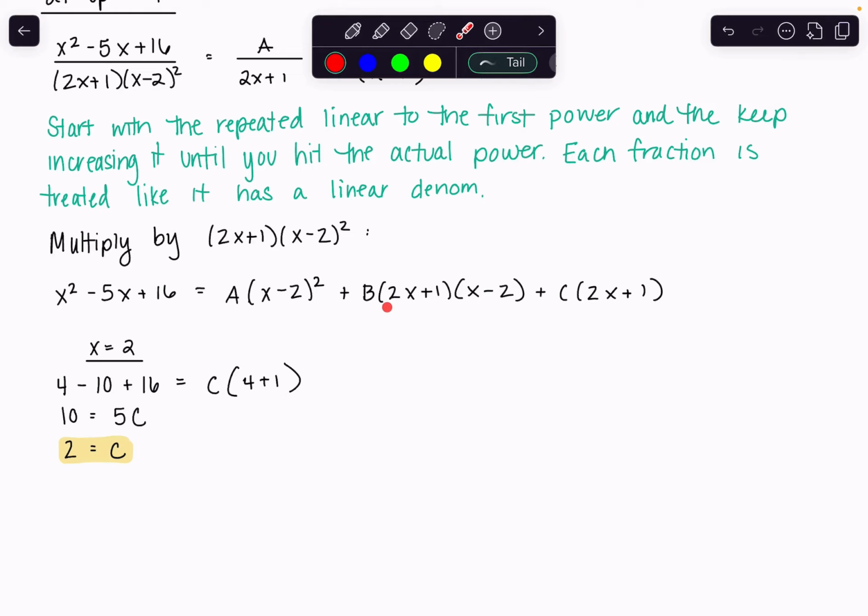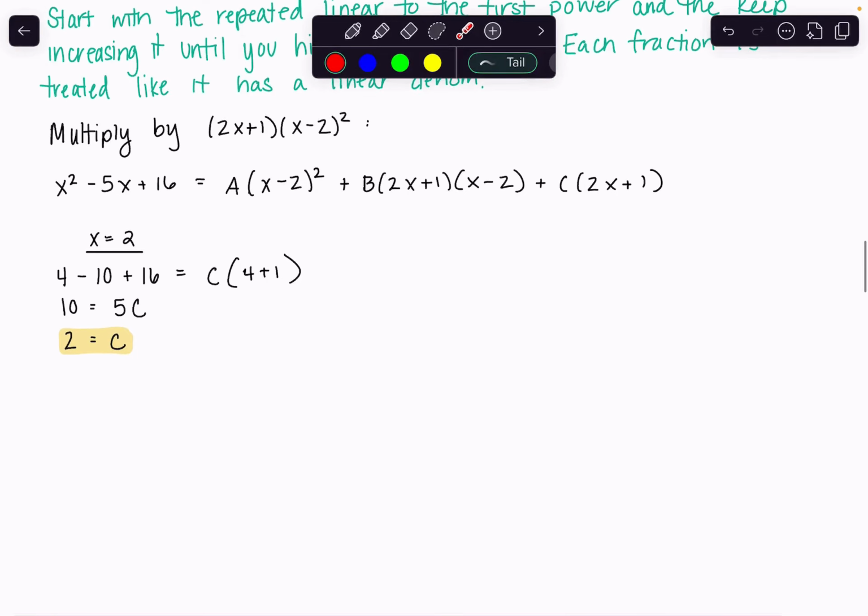Another I technically could plug in is -1/2, because that would make both of these disappear. But then I run out of options from that, and I sure don't want to plug -1/2 into this. That's going to be some messy fractions. So now that we know one of the coefficients, we're going to utilize that to our advantage. I don't want to plug in a fraction. Instead, let's just pick nicer numbers.